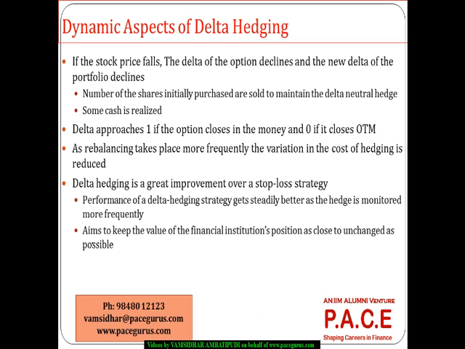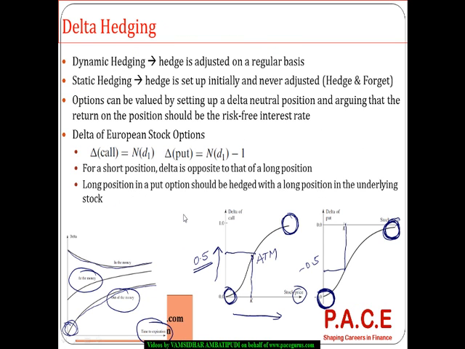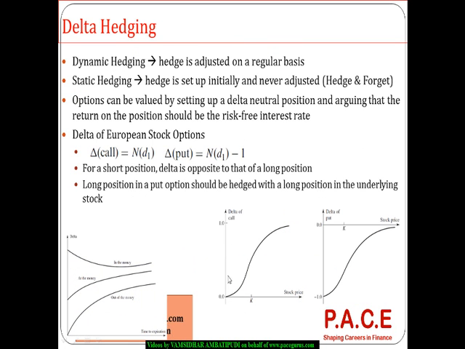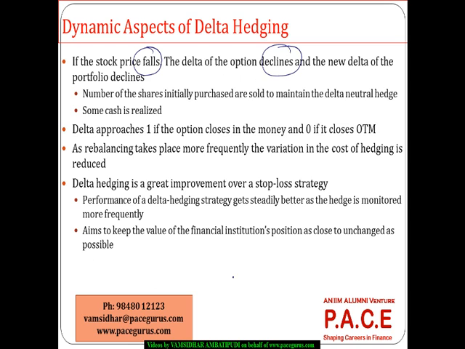Talking about some dynamic aspects: if the stock price falls, the delta will decline, because the delta for a call option is positive. With a much lower stock price, the delta is much lower, so the new delta of the portfolio declines even more.